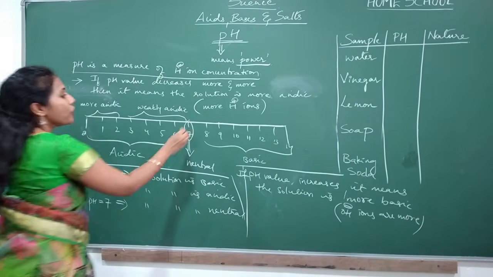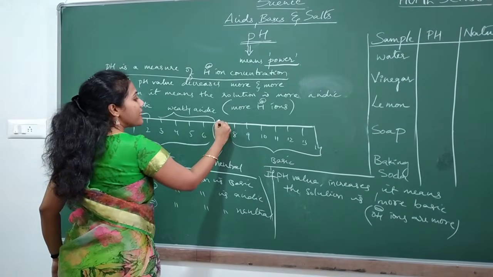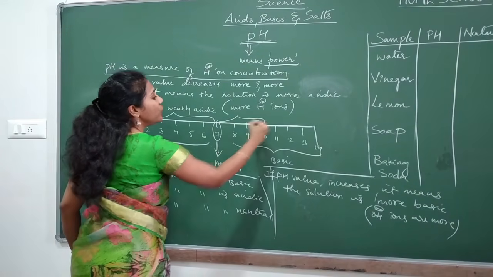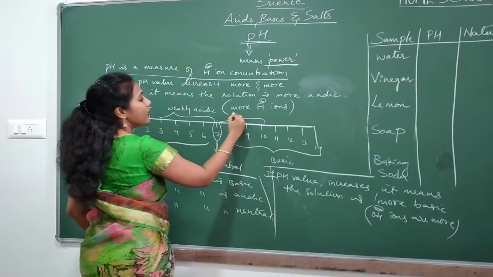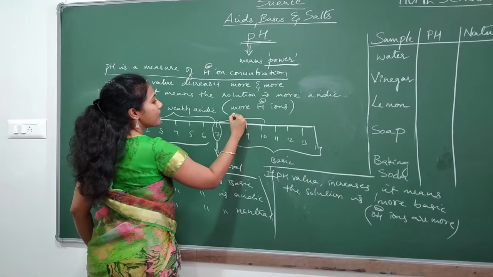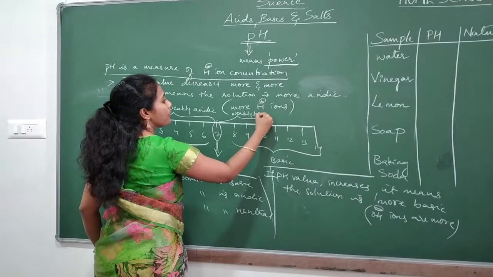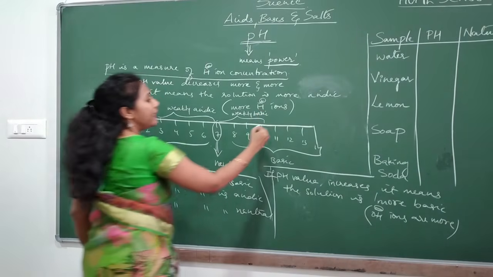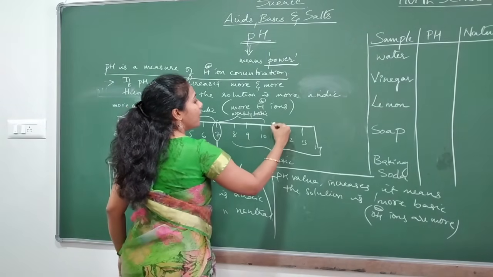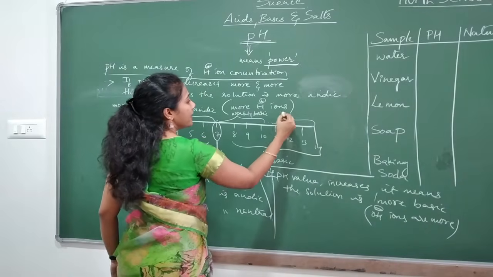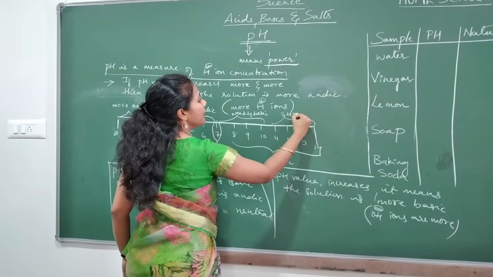Here, if the value is between 7 to 10, then what does it imply? The solution is weakly basic. And if the value is between 11 to 14, then it implies strongly basic.